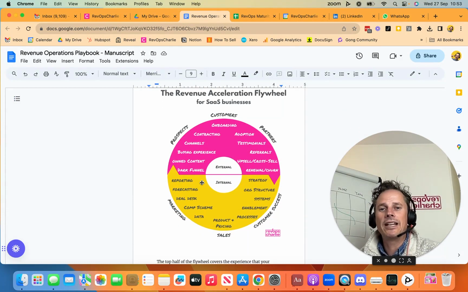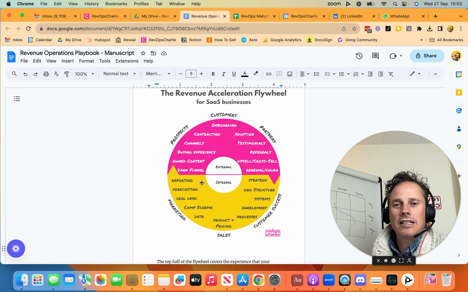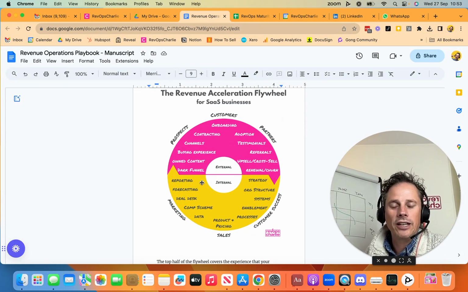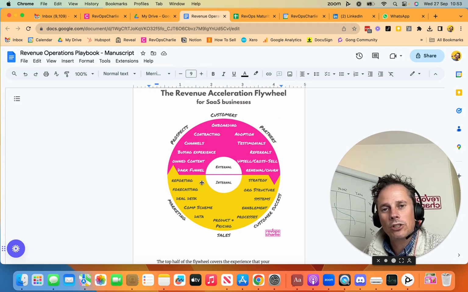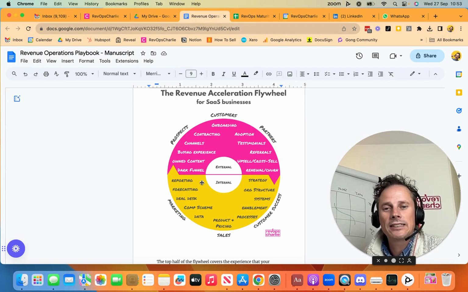I'm explaining to a founder the external capabilities. That's 11 of them. Here we're looking from the perspective of our prospects, our customers, and our partners as they look in at our business and their own buying experience as they travel through their own buying process.